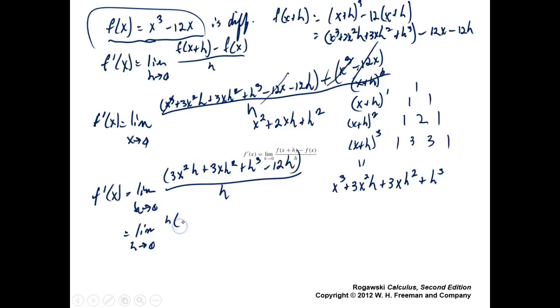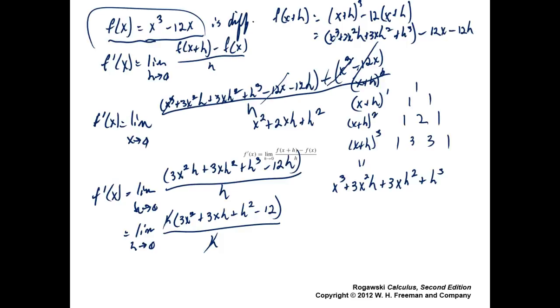So factor 1 out. And what does that leave you with? 3x squared plus 3xh plus h squared minus 12 divided by h. Now what do you want to do? Yeah, try it. They will divide out, absolutely, leaving you 1.